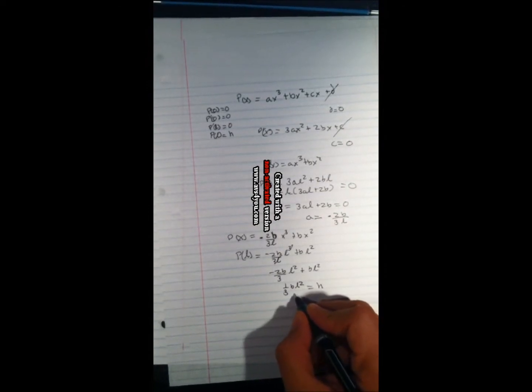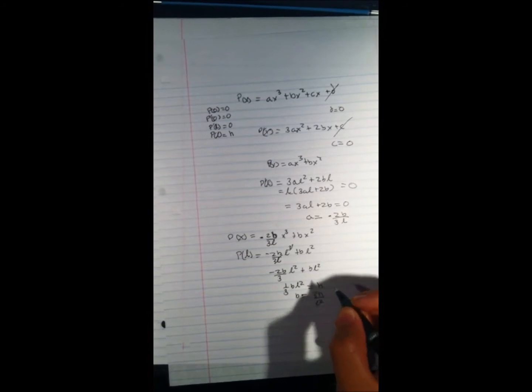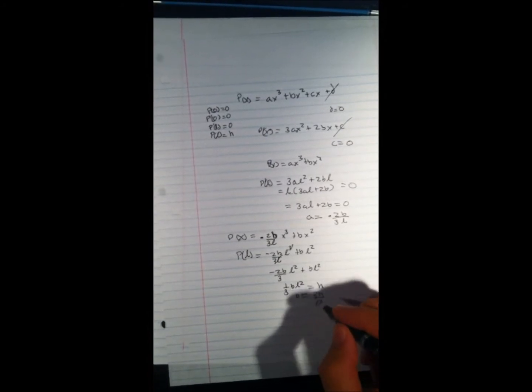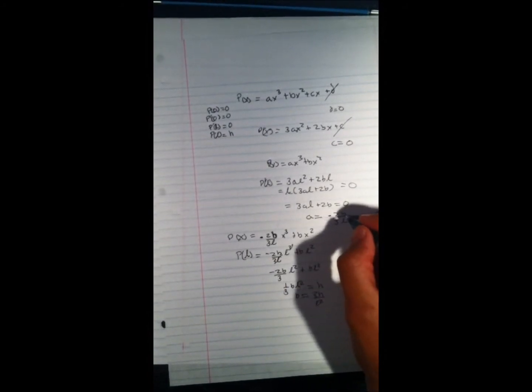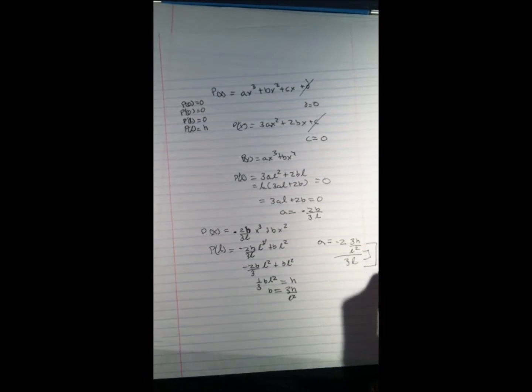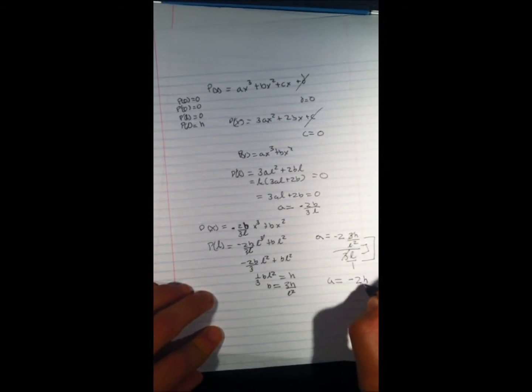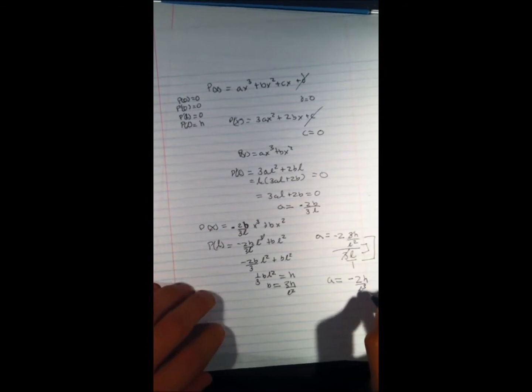So if we get b alone, b equals 3h over L squared. Now that we have b, we can substitute b back into what we got for a to get it in terms of h and L: negative 2h over L cubed.